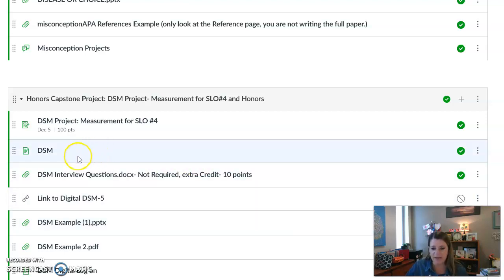I also want to point out to you right here, this assignment comes with the opportunity to earn up to 10 extra credit bonus points. This is not a requirement of the assignment, but you can interview someone who either has the diagnosis, knows somebody, a parent, someone who has further deeper information about the diagnosis that you are researching.